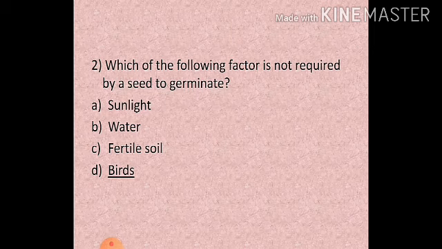Second, which of the following factors is not required by a seed to germinate? A. Sunlight, B. Water, C. Fertile soil, D. Birds. The answer is D, birds.